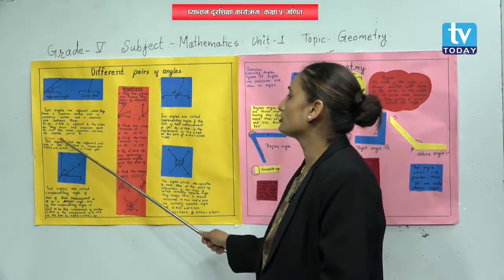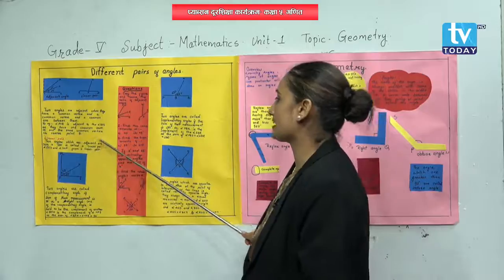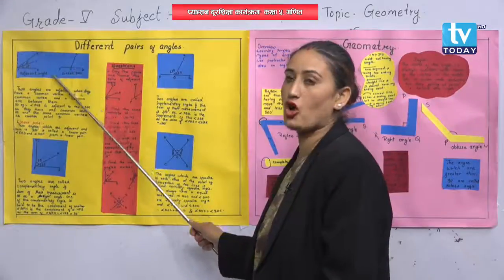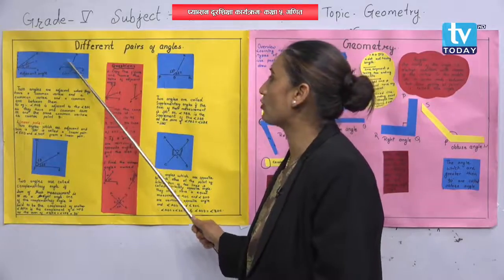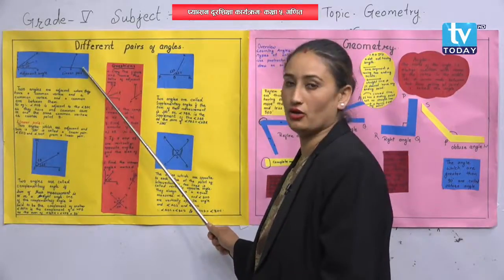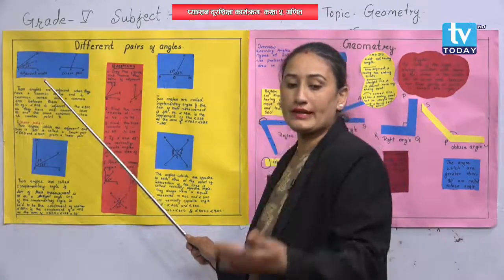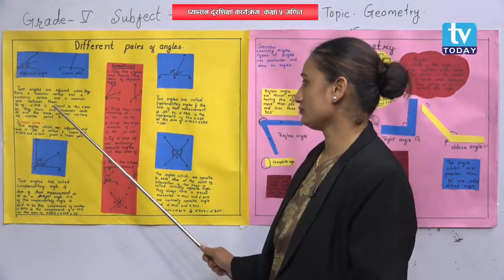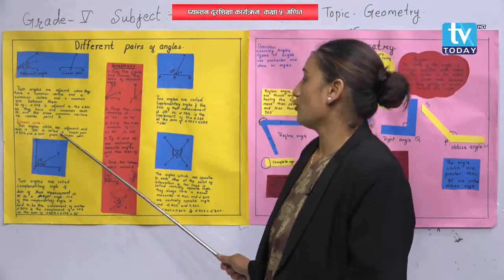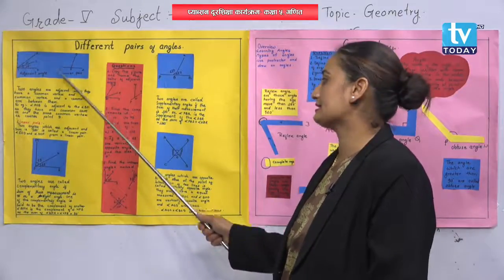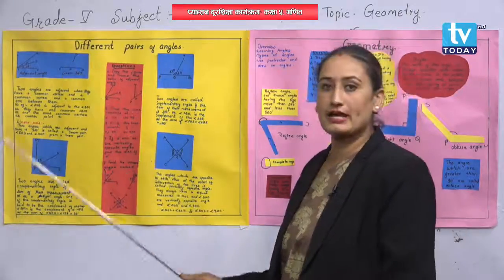These two angles are adjacent and their sum is 180 degrees. If I add EOD and DOF, the sum will be 180 degrees. So if their sum is 180 degrees, then we call it a linear pair. Do you understand?